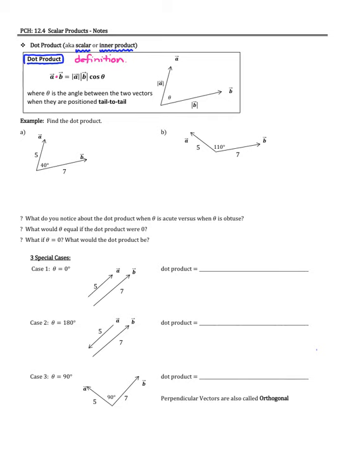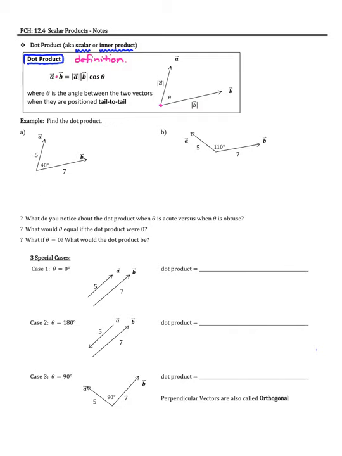One of the uses of the dot product is to find the angle between two given vectors that are tail to tail. So in this particular definition, I would use the dot product when you are given the magnitudes and the angle between two vectors.